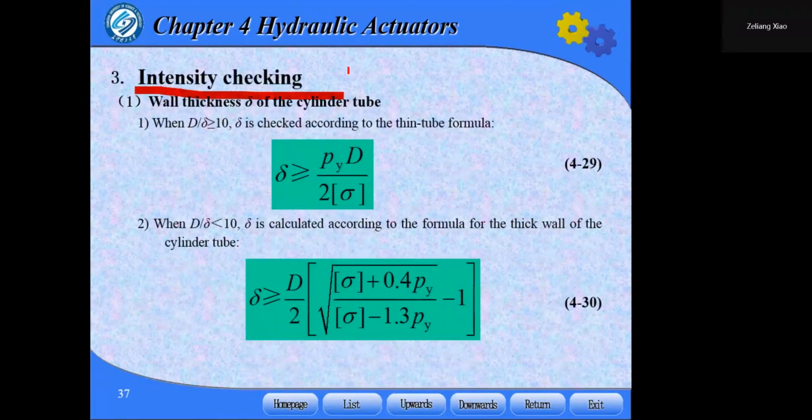Next is the intensity check. Wall thickness sigma of the cylinder tube.